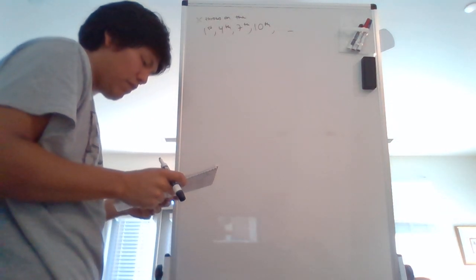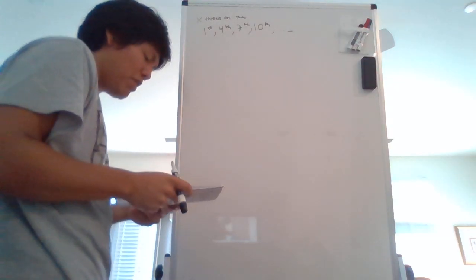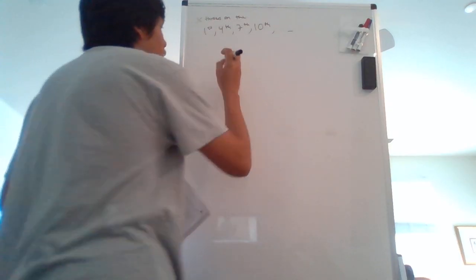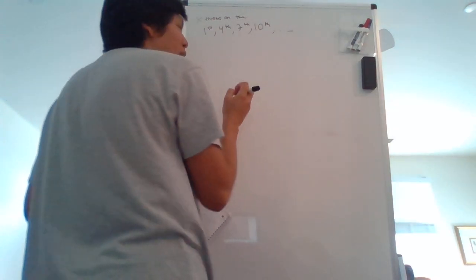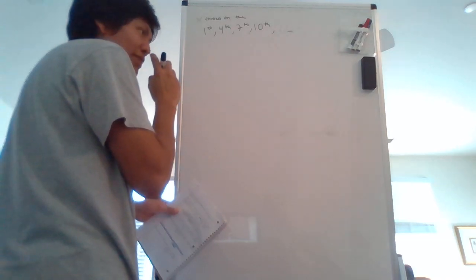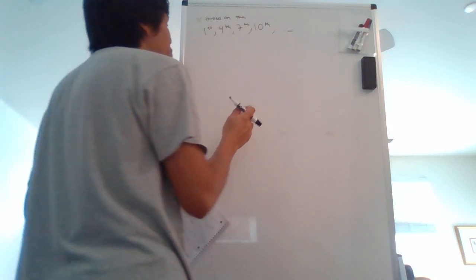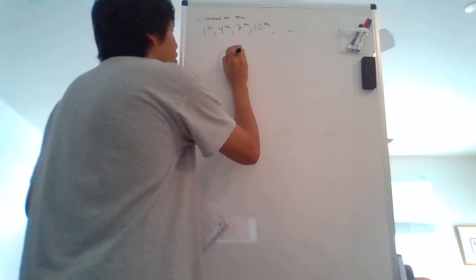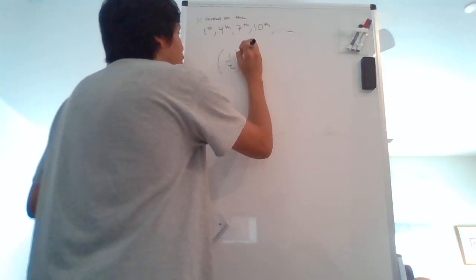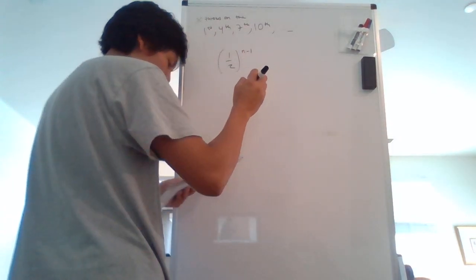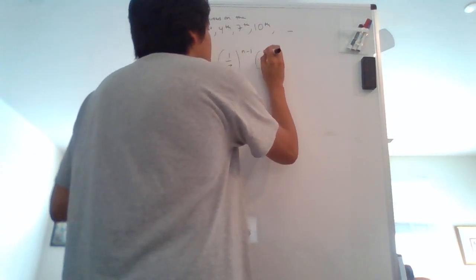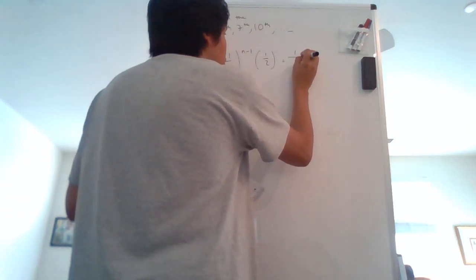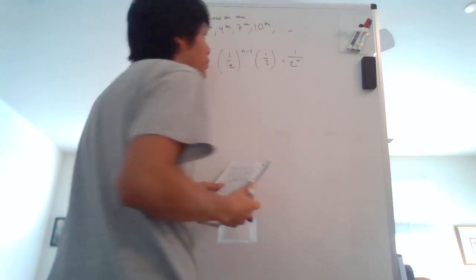The probability that the first even number occurs on the nth throw is this one. This problem is maybe a little less abstract, and I'll show you why. It's 1 over 2 to the n minus 1, times 1 over 2, which is equal to 1 over 2 to the n.